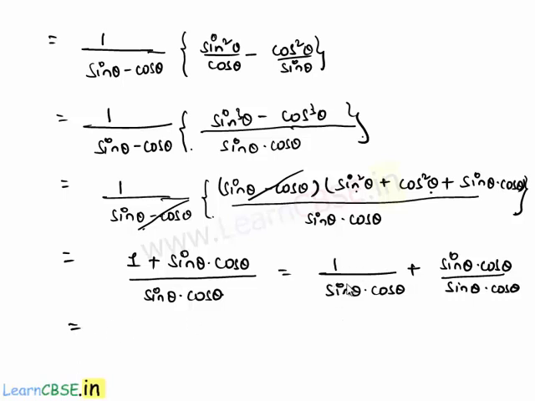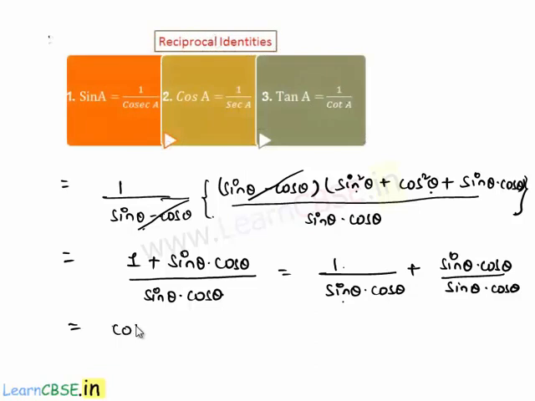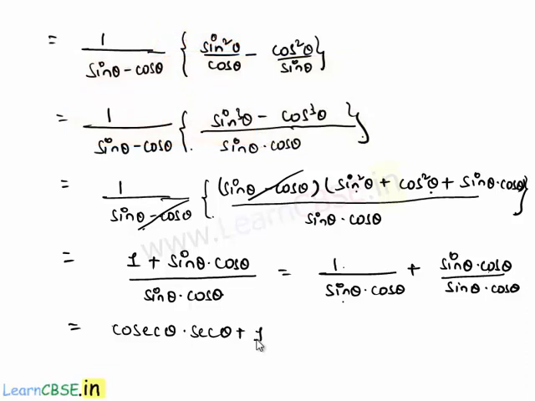Here 1 by sin theta cos theta can be written as 1 by sin theta into 1 by cos theta, which is nothing but cosecant theta into secant theta, plus as the numerator and denominator are common, that value will be equal to 1.